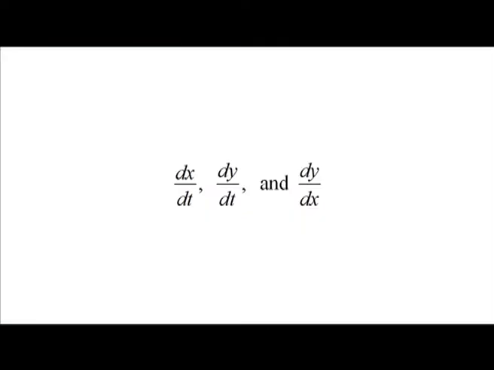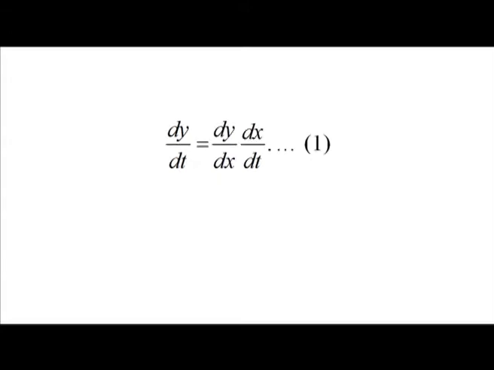The derivatives dx by dt, dy by dt and dy by dx are related by the chain rule equation dy by dt is equal to dy by dx times dx by dt. We call this equation number 1.